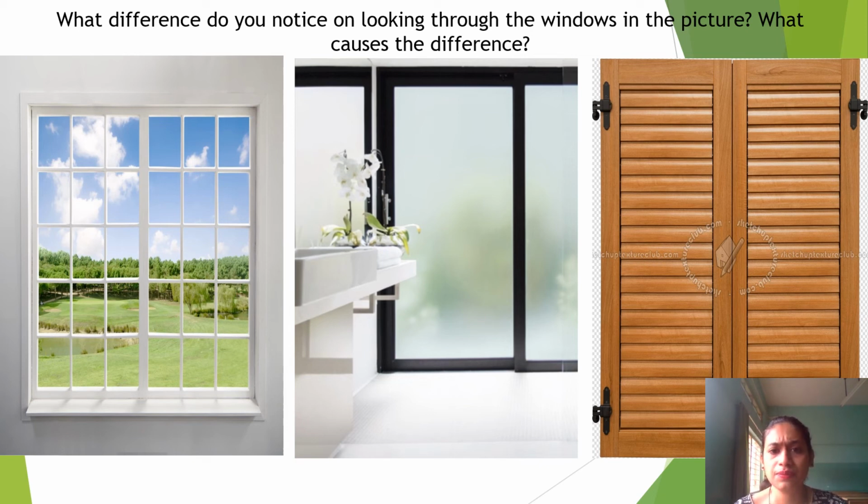Now, transparent materials: when light encounters a transparent material, almost all of it passes directly through. Glass, for example, is transparent to all visible light. What are translucent materials?